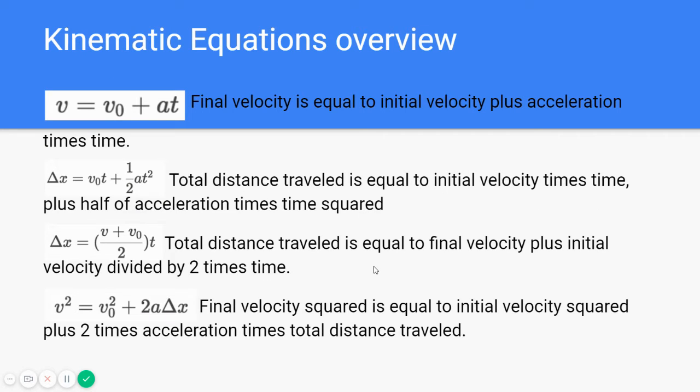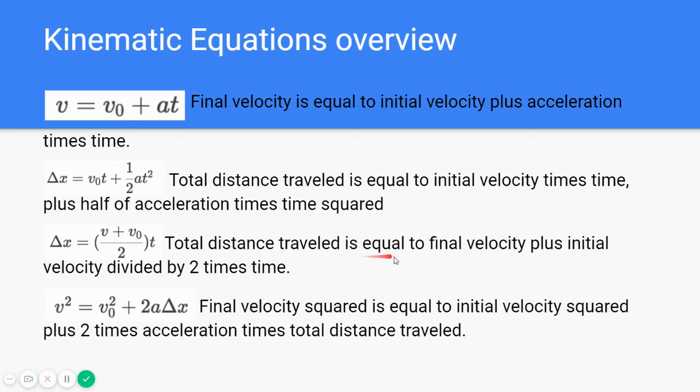So now I have gone over all of the components of the kinematic equations, so this is just a quick overview. So for the first one, final velocity is equal to the initial velocity plus acceleration times time. Total distance traveled is equal to initial velocity times time plus half of acceleration times time squared. It's kind of a tongue twister.